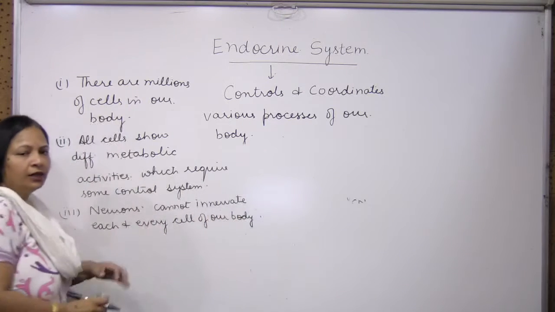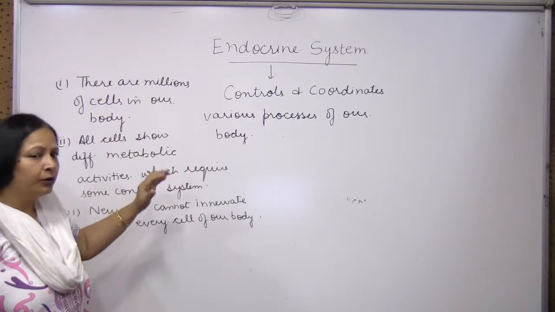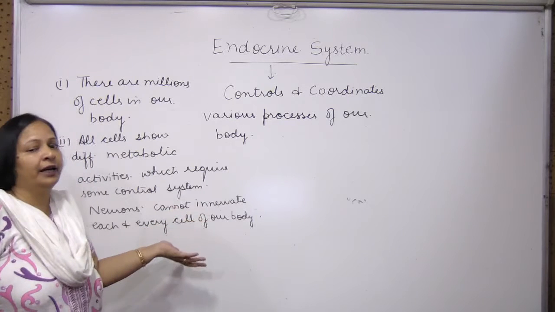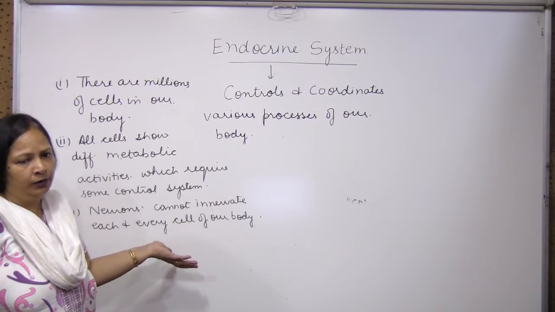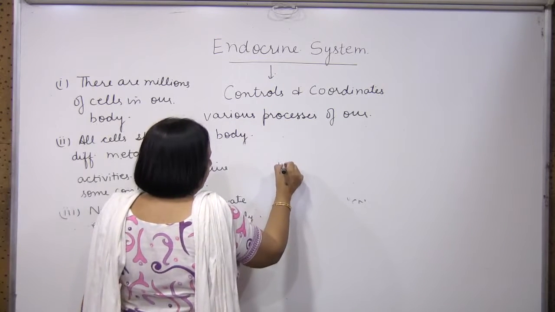Innervate means enter. So if all the cells are not joined with the central nervous system, how are their metabolic activities controlled?